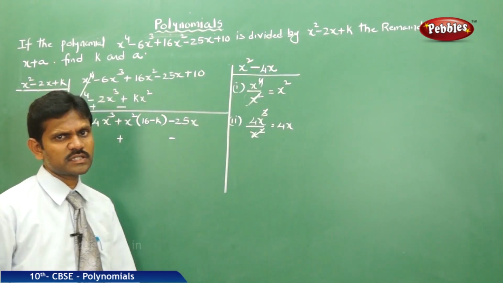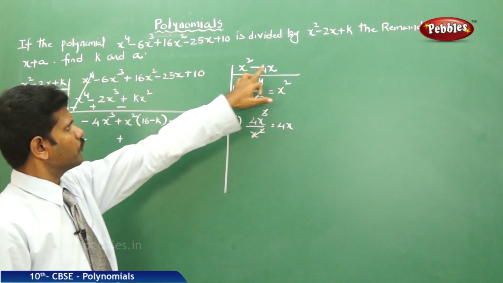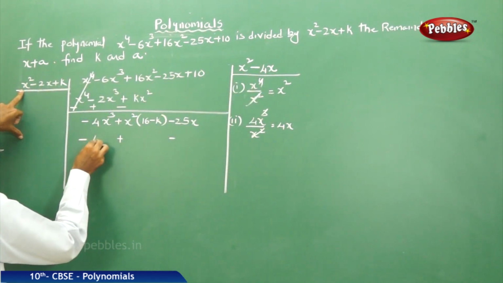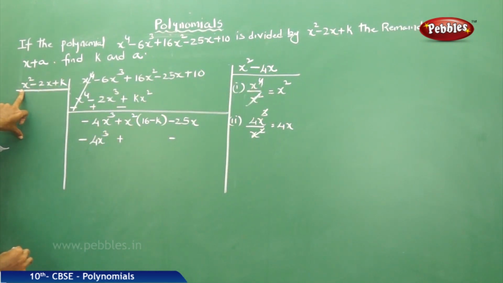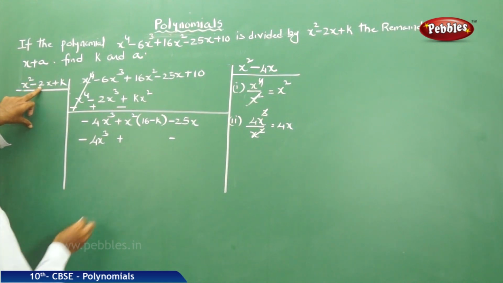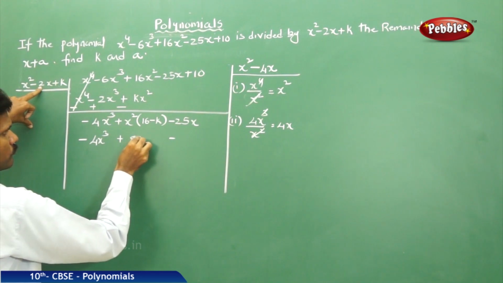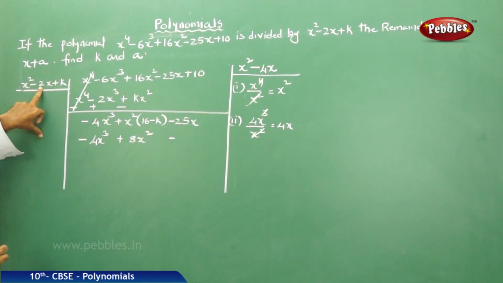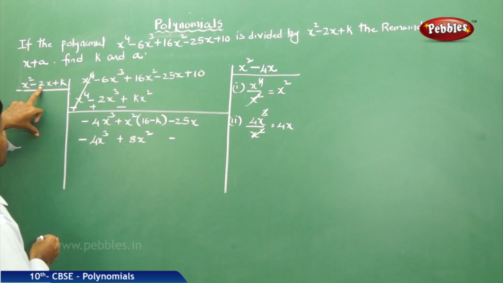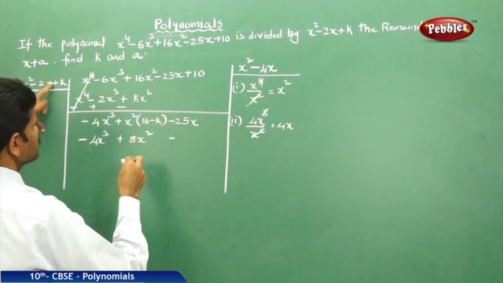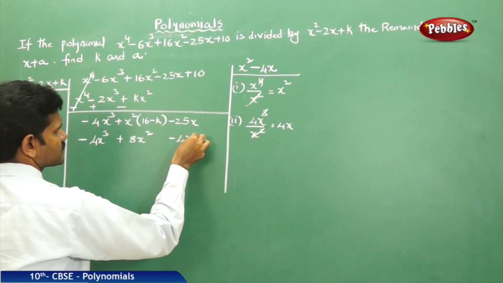Now again with this 4x multiply your divisor. 4x into x square, 4x cube. Next 4 2s are 8x square. Next 4x into k, 4xk.